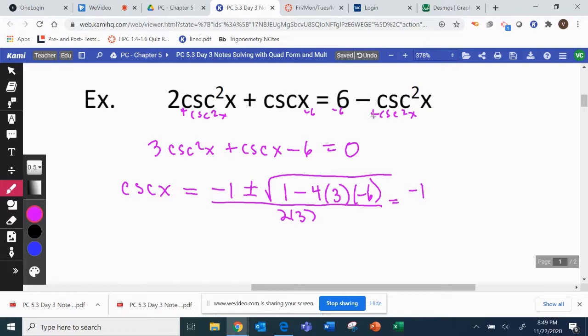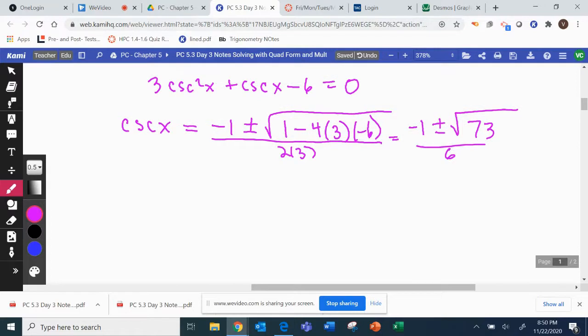Let's clean this up just a teeny tiny bit. -1 plus or minus square root, what do we got here? 1 plus, what's 12 times 6, 72, 73, all over 6. Okay, that does not simplify. Like I said in the first question, we really don't need to simplify it for what we're doing here. We're trying to get rid of the cosecant and get x by itself.